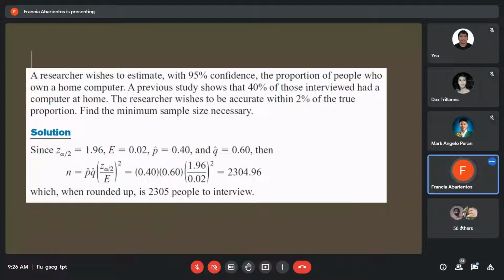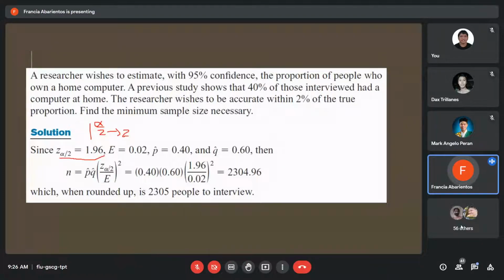In finding that, given sa atin yung z-value natin. Paano nakuha to? Your z-value class, babalikan mo si alpha, i-divide mo by 2, punta ka doon sa z table. Kaya makukuha mo ito, si 1.96. Ayan. Magma-minus ka pa doon sa 1.